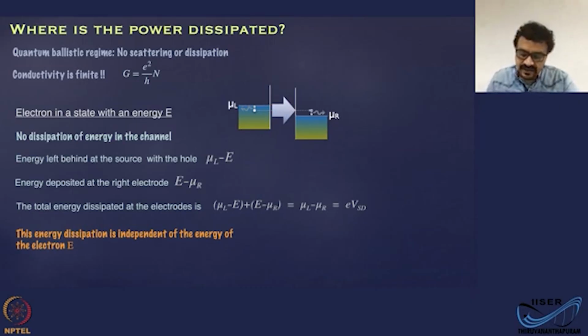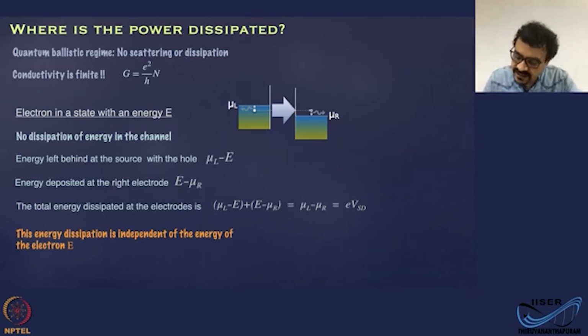As we discussed, there are no scattering events, or there is no dissipation of energy, in the channel. So now let's consider that an electron with energy E is traveling through the channel from the source side to the drain side, or from left to right.